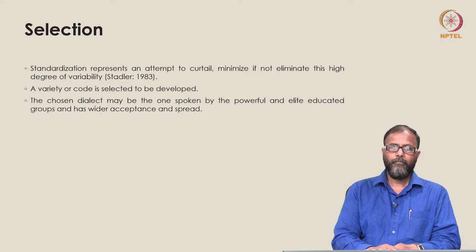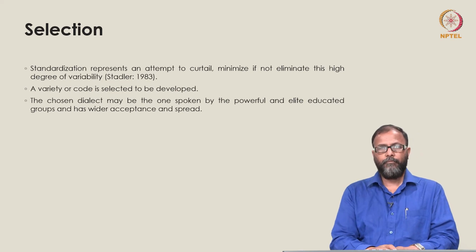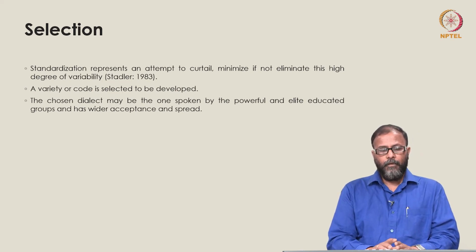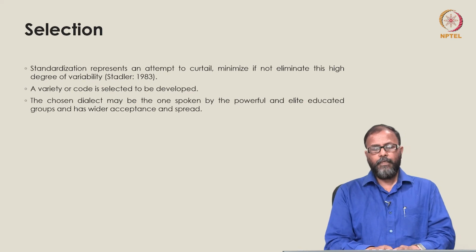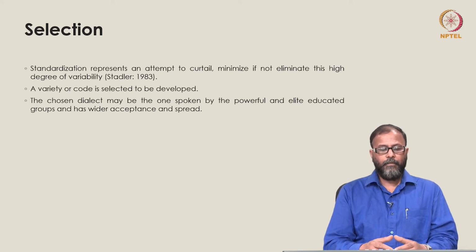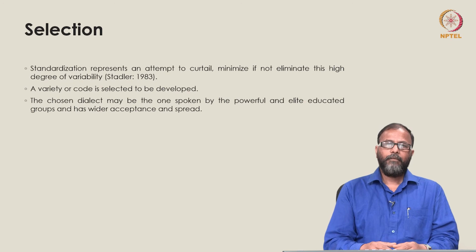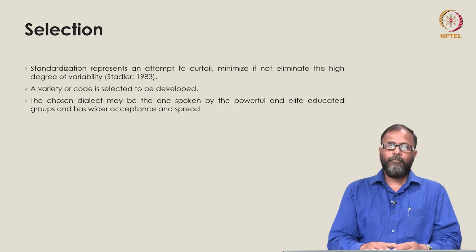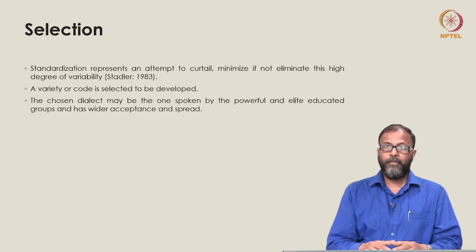So, we will start with selection. Standardization represents an attempt to curtail, minimize, if not eliminate, the high degree of variability, Sadler 1983 said. So, what do we do? We try to minimize the variation.